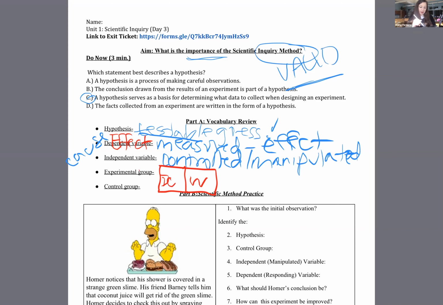In that case, the experimental group is the group that's being watered with Diet Coke. It's the group that's receiving the experimental condition that is being tested, the experimental version of the independent variable. And the control group is the group that is not receiving the experimental condition of the independent variable. In this case, the group that is getting the plants watered with water. So now let's take a look at some examples.